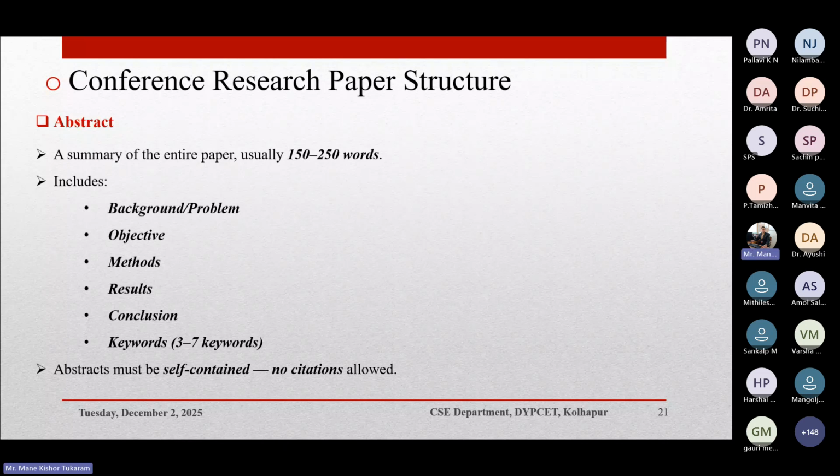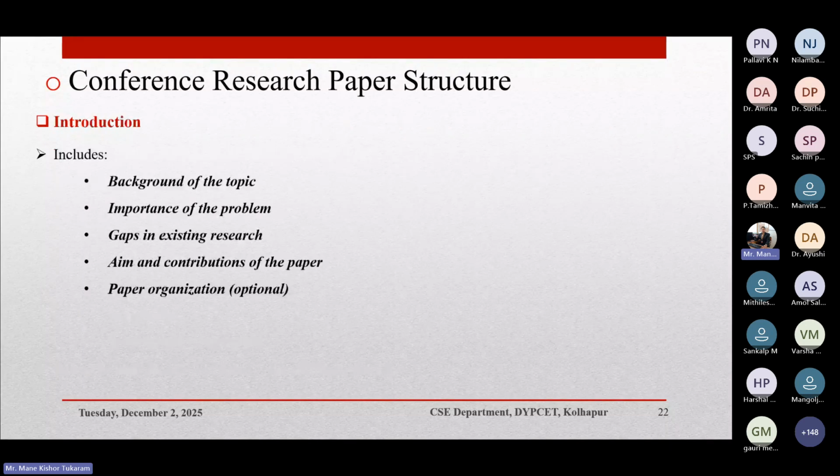Then next one is the introduction section. After writing the abstract and keywords, we need to move towards the introduction. Inside the introduction section, we need to write the details related to the background of the topic. Background of the topic means the domain. Suppose I am working on load balancing over the cloud.